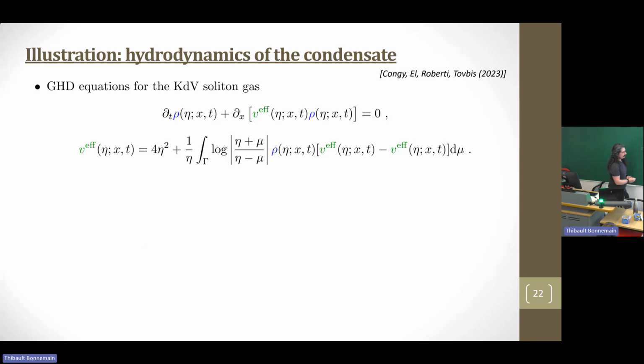But the thing is, as I told you earlier, a condensate is a zero entropy state, and at the Euler scale there's no entropy production, it's merely transported. So that means that if you start with a condensate, you will remain a condensate. We still have sigma equal to 0 all the time.